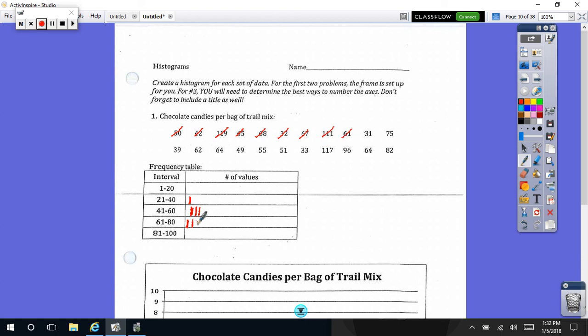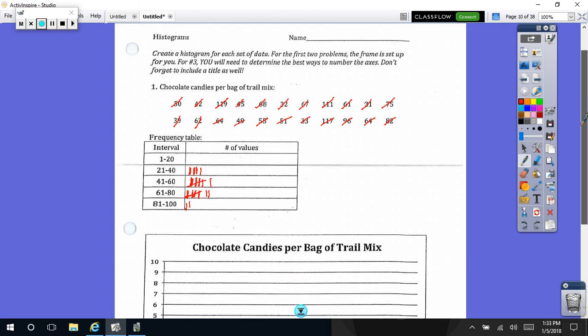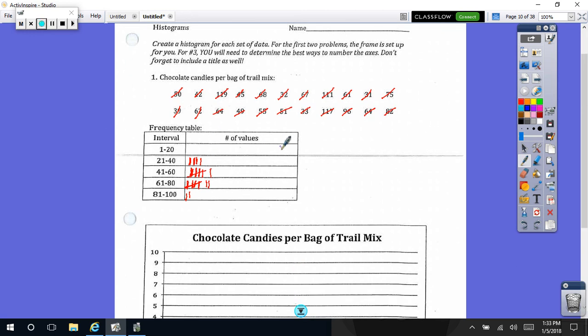Eliminated. Eliminated. And when you're done, you can go through and count how many tally marks you did.